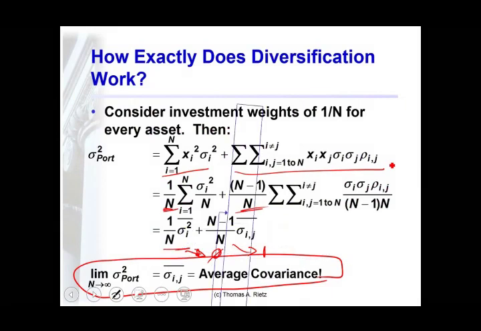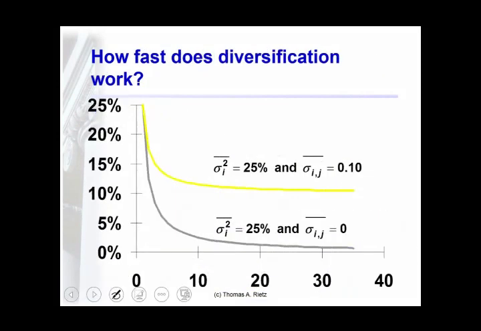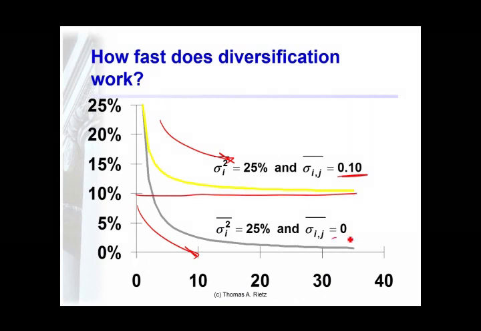And you can see this fairly quickly here. What I've charted out here is the variance of a portfolio that has a variance of 25% and a covariance of 10, and a variance of 25% and a covariance of 0. And you can see very, very quickly that the variance of the portfolio drops to 10% and 0% as I add investments.